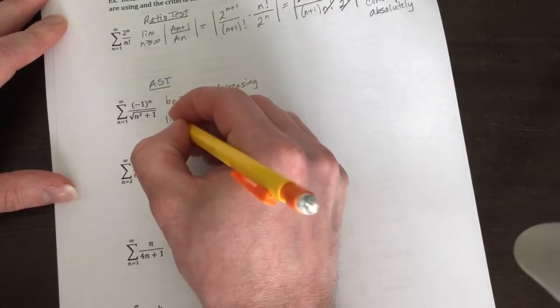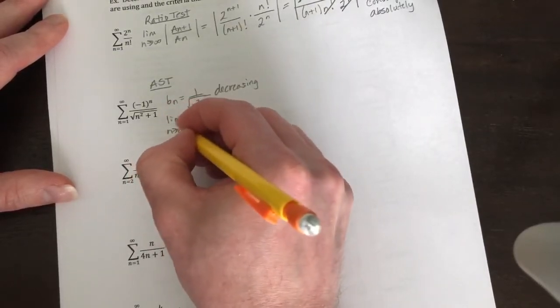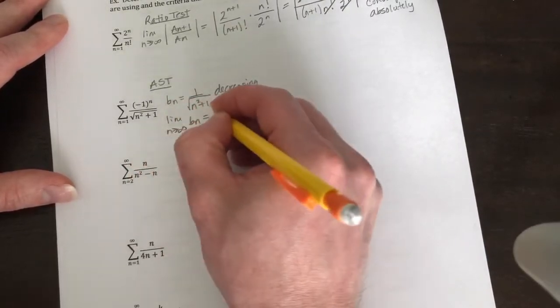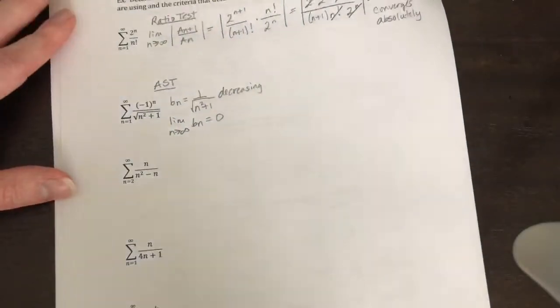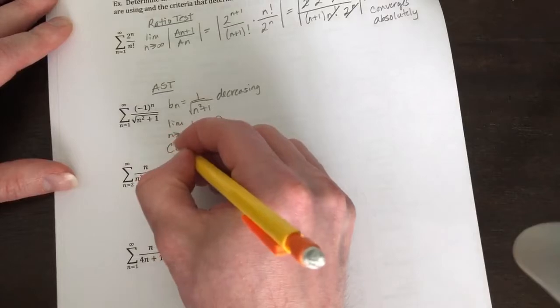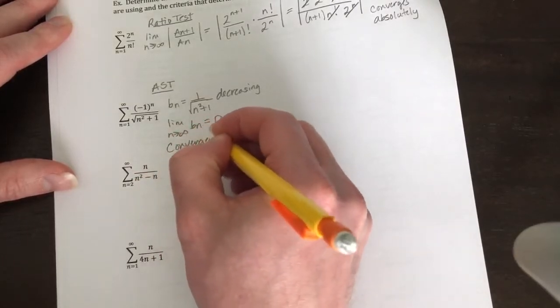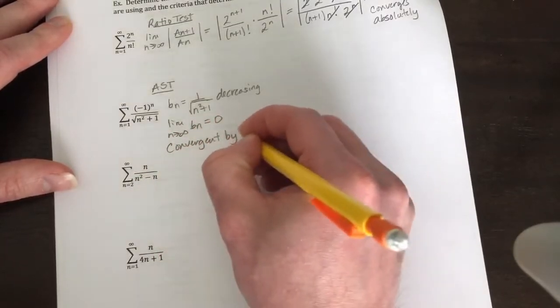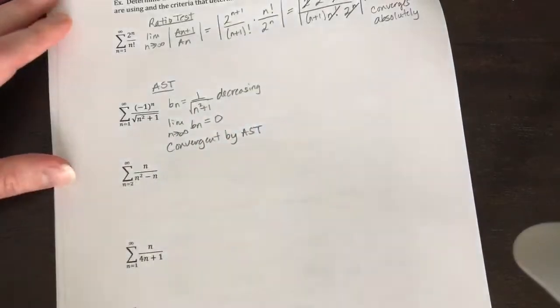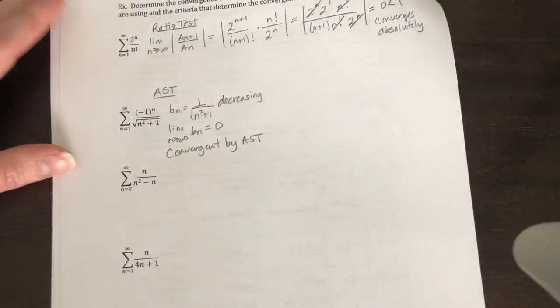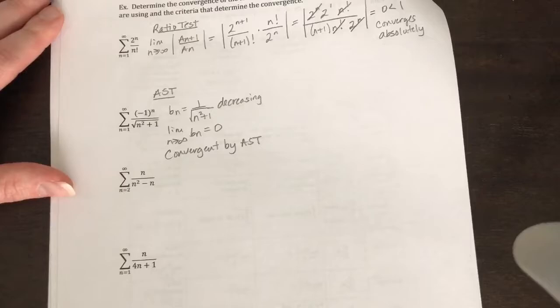And we do the limit as n goes to infinity of b sub n, and that equals 0. So since it's bottom heavy, this is going to be convergent by alternating series test. On your AP exam, make sure you write alternating series test, not just AST.